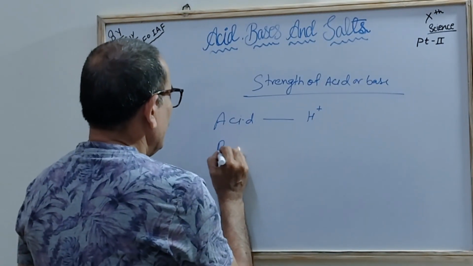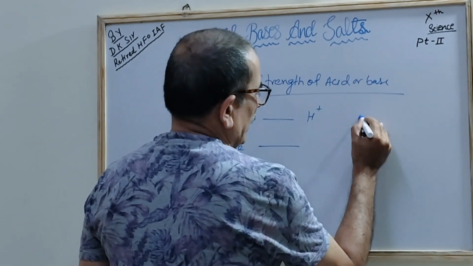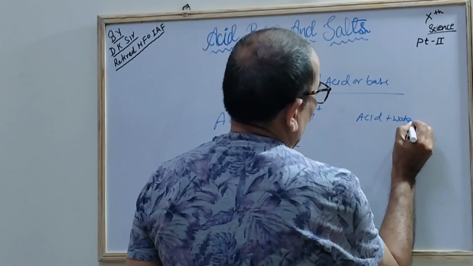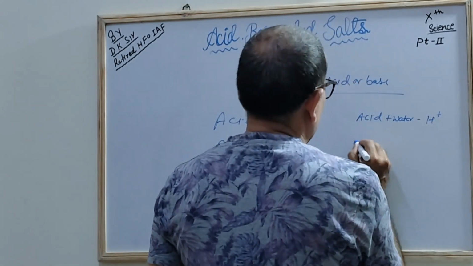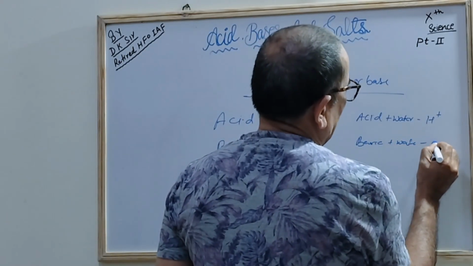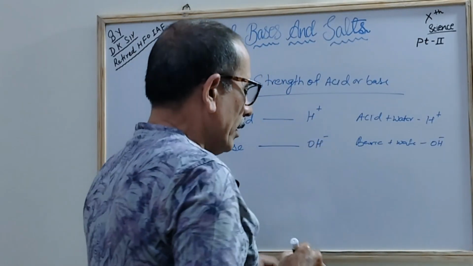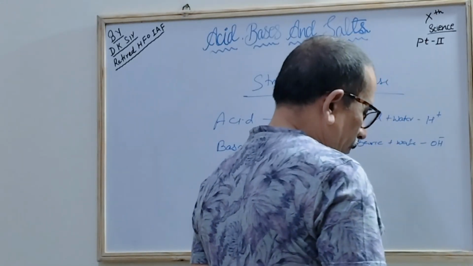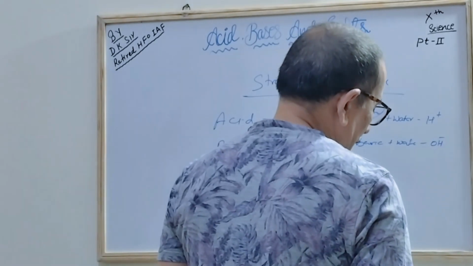In the base, when you put it into the water, you have already seen the acid plus the water is going to break down. The acid will break into H plus, and the base, if you mix it with water, is going to break down into OH minus. The OH is also an ion. The larger the number of ions produced by the acid, the stronger it is.